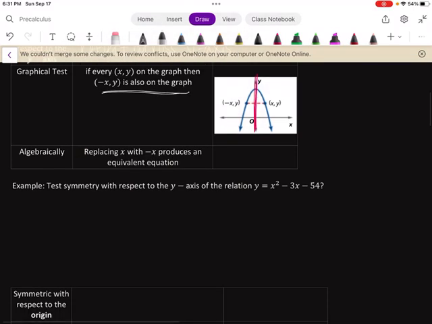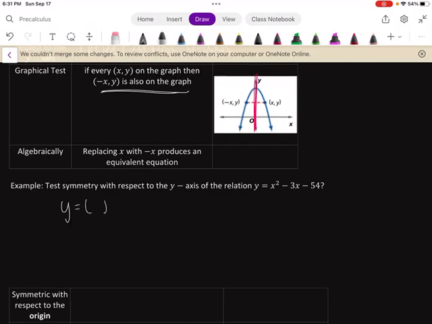So let's try this one. Again, I'm going to replace every x with negative x. So y is equal to x squared minus 3 times x minus 54. So you see I put the parentheses there for a reason, and then I come back and put in the negative x. So what do I get here? I get y is equal to negative x squared is x squared.